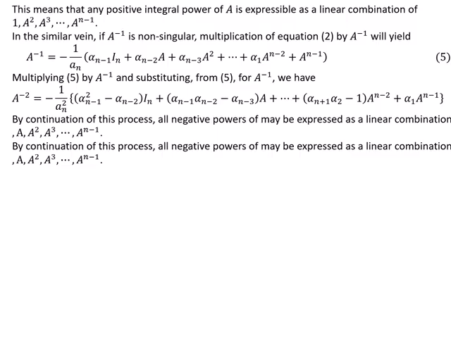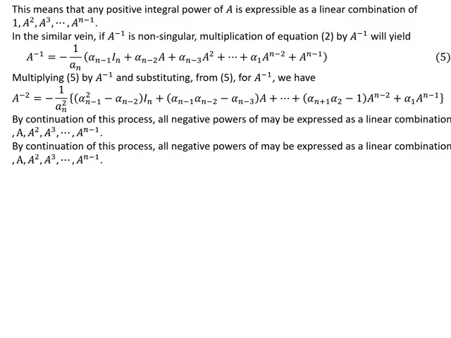In a similar vein, if A is not singular, multiplication of equation 2 by the inverse of A will yield the inverse of A to be equal to minus 1 over alpha n times, that is, it will yield your equation 5.